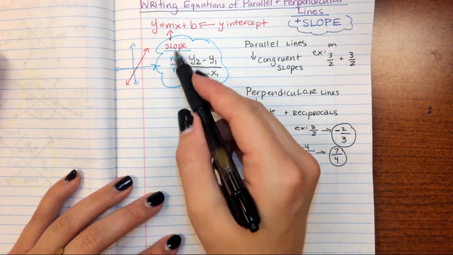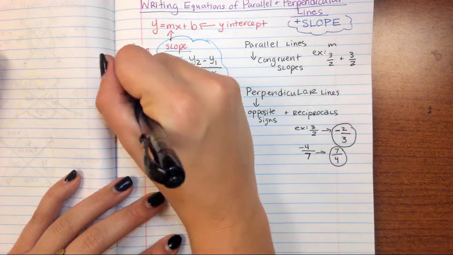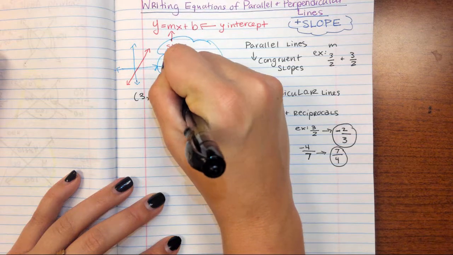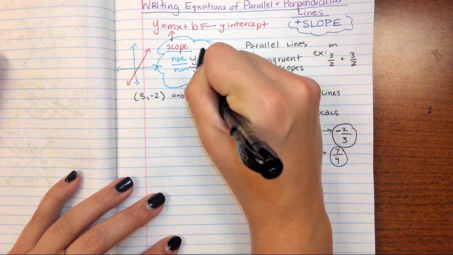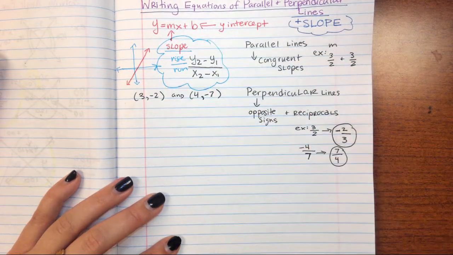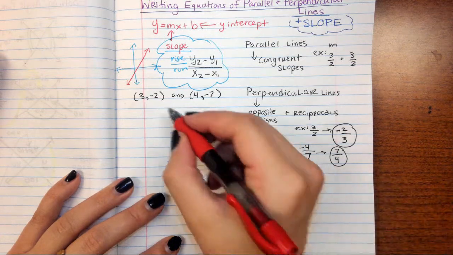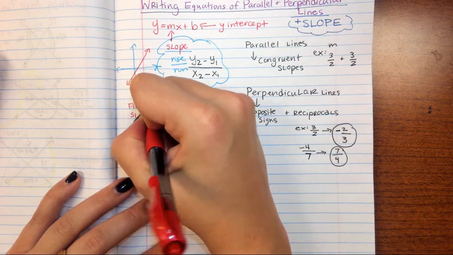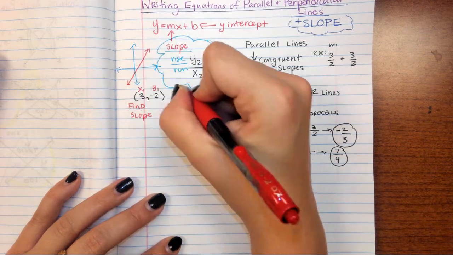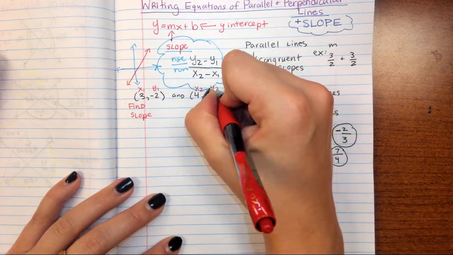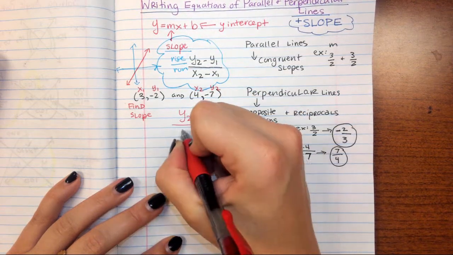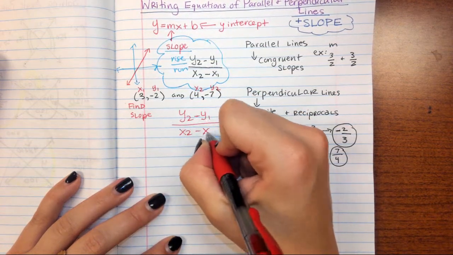I'll give you an example of our slope problem. If I gave you 3 and negative 2, and 4 and negative 7, these are your 2 points. To find the slope of these, you would simply label x1, y1, x2, y2, and set up your equation. y2 minus y1 divided by x2 minus x1.